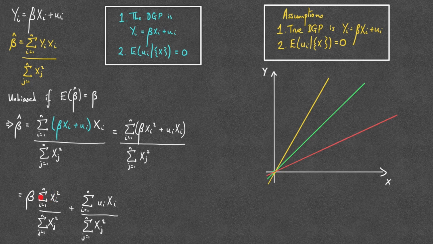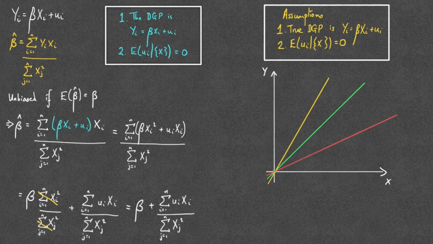Now we've got the sum of the x squareds over the sum of the x squareds here, so those are going to cancel, leaving us with just that beta hat is equal to beta plus the sum of the product of the observations of u with x divided by the sum of the x squareds.